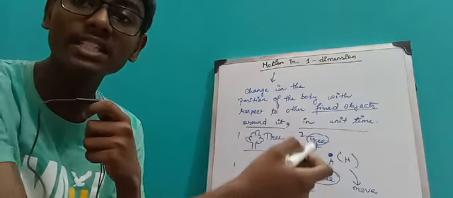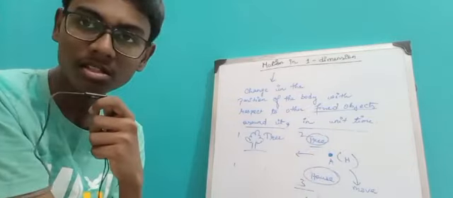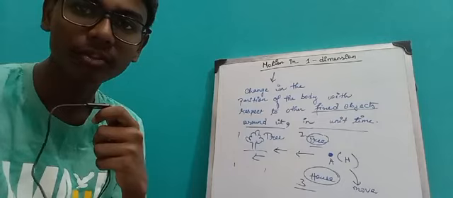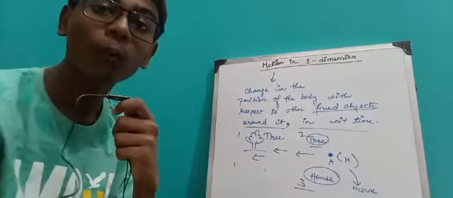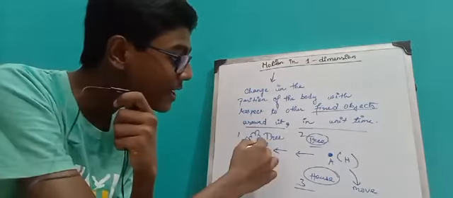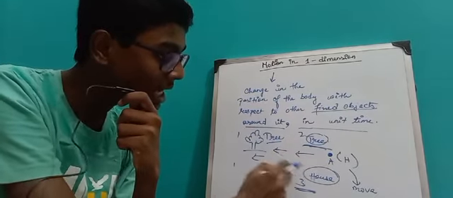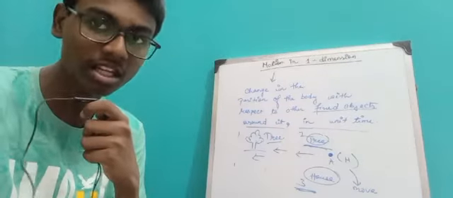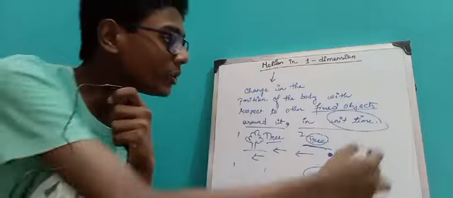So, as the definition suggests, change in the position of the body with respect to other fixed objects around it. That means these are the fixed objects, and suppose point A is walking in this direction. According to A, what will it feel? It will feel that it is in motion. Why? Because with respect to the other fixed objects around it, that is the two trees and the house, it will find that its position is changing with respect to unit time, that is, with respect to time.